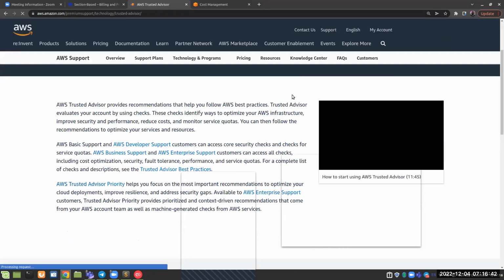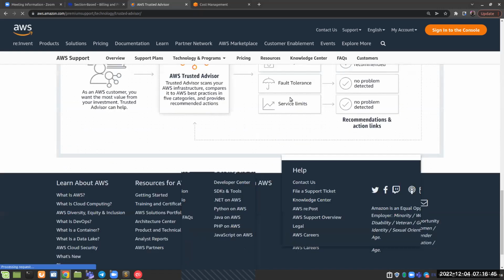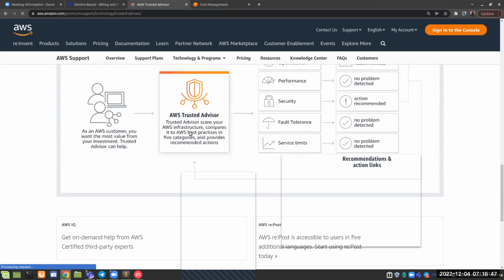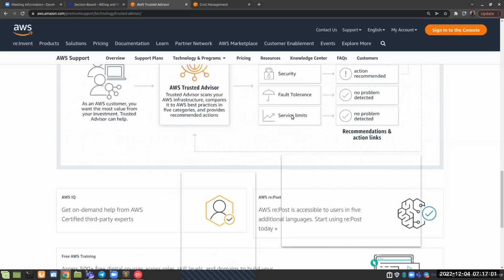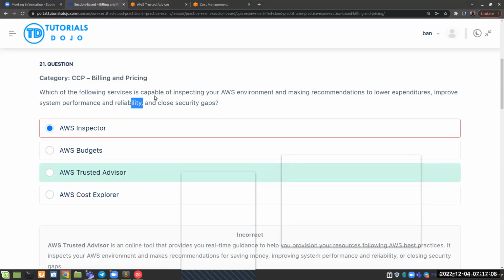So I did bring Trusted Advisor here, right? And I said Trusted Advisor scans your AWS infrastructure, compares it to AWS best practices so that it can advise you on cost, on performance, on security, on fault tolerance, and service limits. When it scans, it's equally inspecting, right? This question says, which service is capable of inspecting your environment and making recommendations to lower expenditures?